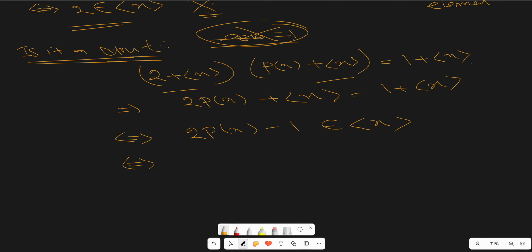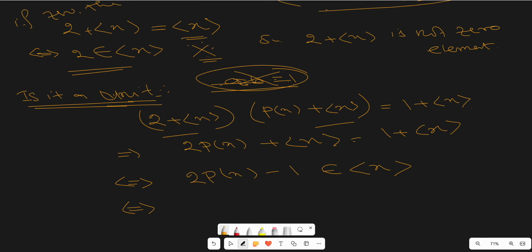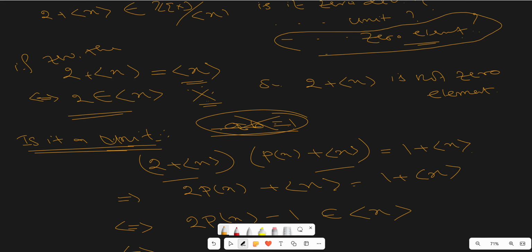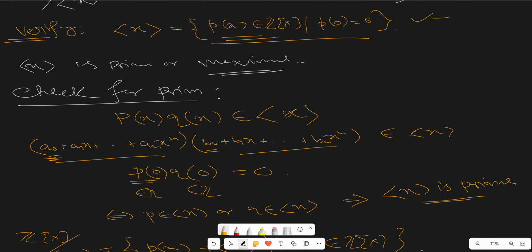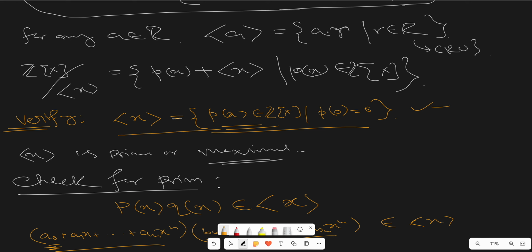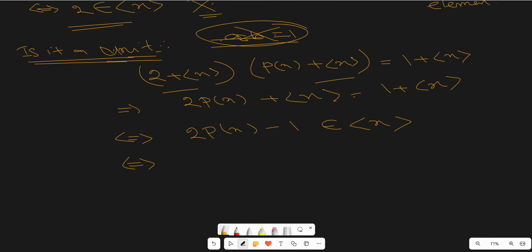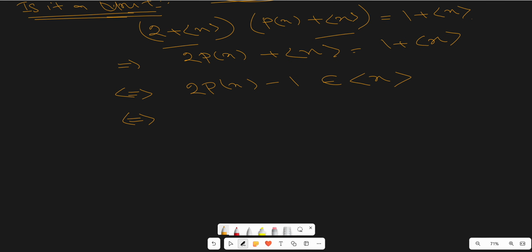See here, what is the definition of the ideal generated by x? It means p(0) should be 0. So if it is inside the ideal generated by x, the condition is 2p(0) minus 1 equals 0, right?